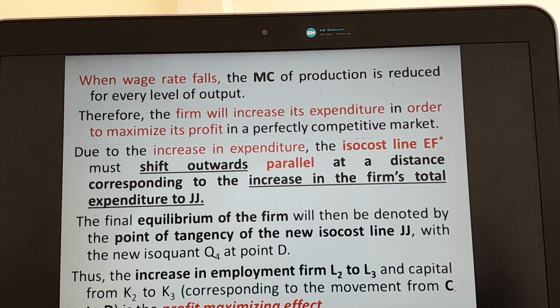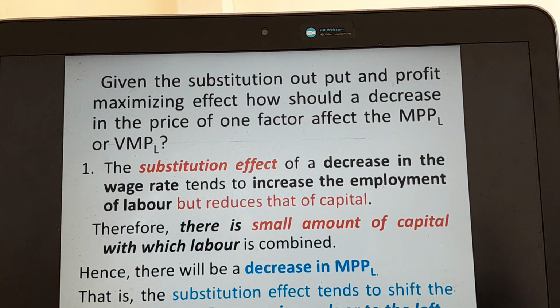That means at the point D, the final equilibrium of the firm will then be denoted by the point of tangency of the new isocost line JJ with the new isoquant Q4 at point D. That is profit maximizing effect jedhameetu waamama jechuudha.